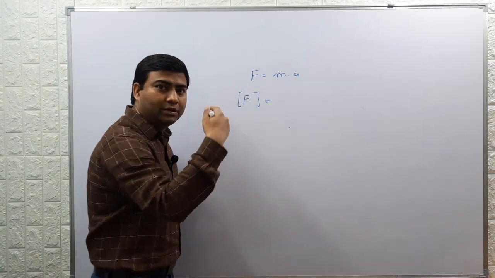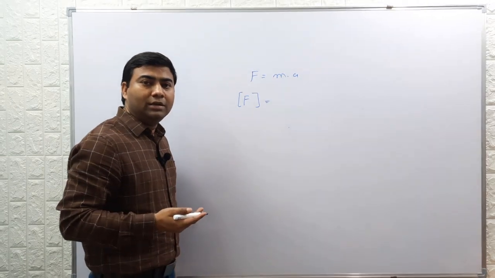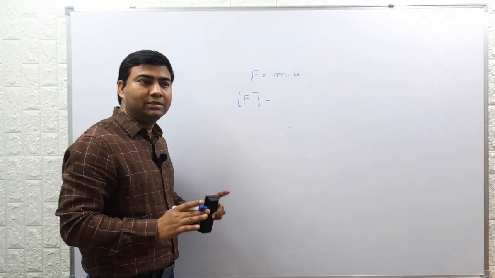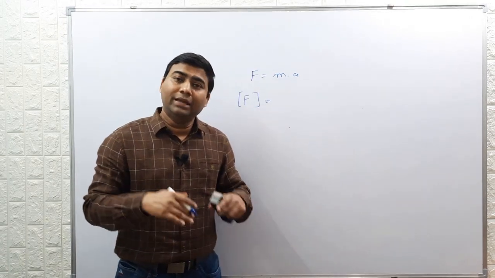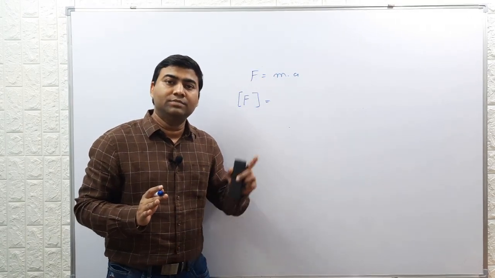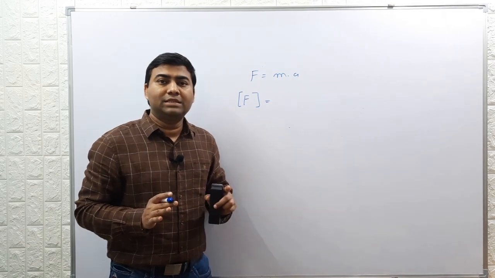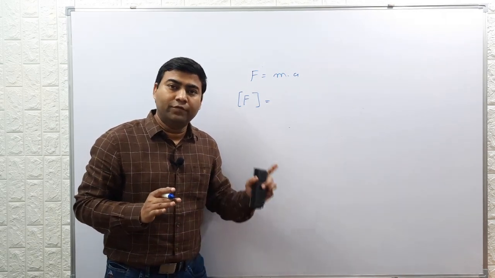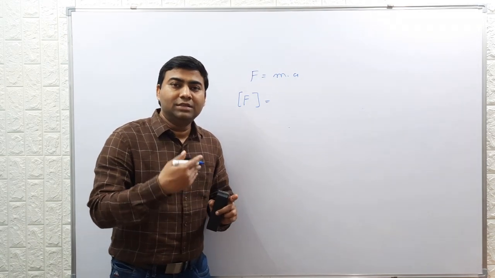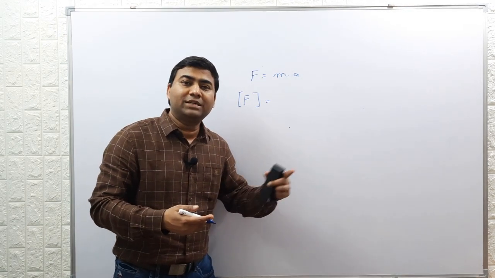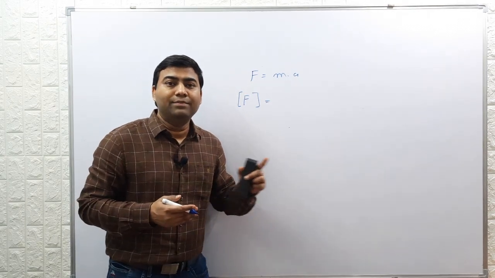To derive the dimensional formula, the very simple technique is to just find the unit of that physical quantity in any system, SI system, CGS system, FPS system, whatever system you can.